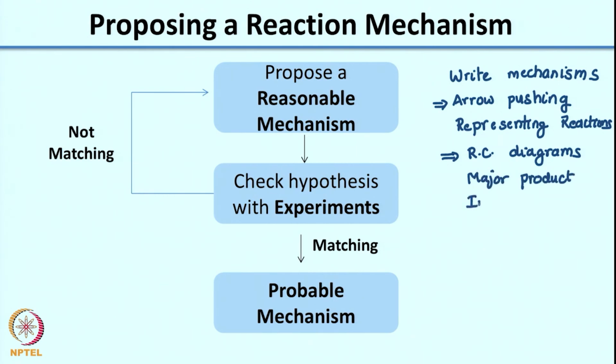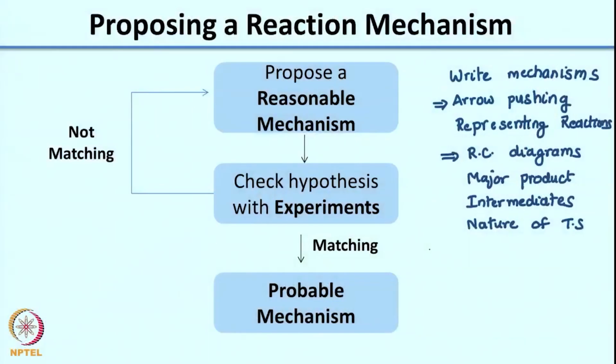You get an idea about intermediates that are present. And you also get an idea about the nature of the transition state. And we looked at various theories like the Hammond postulate, Curtin-Hammett principle, and kinetic and thermodynamic control to understand many of these principles. So, this came to writing mechanisms and representing reactions.